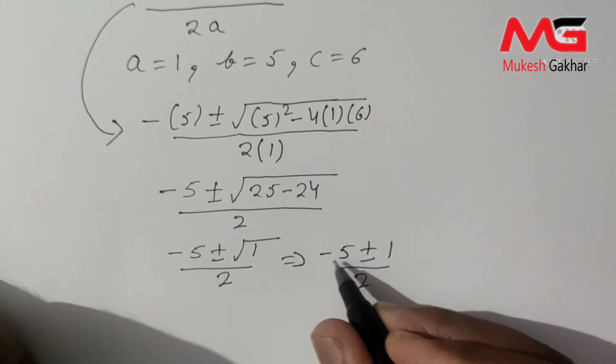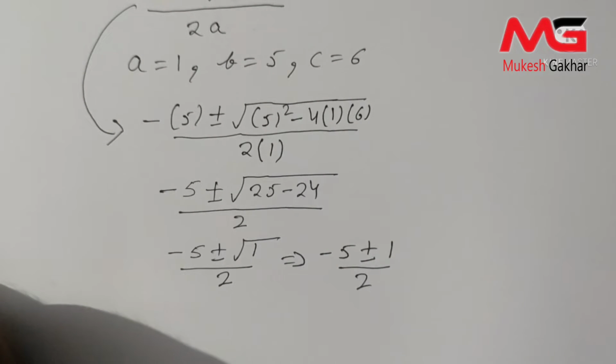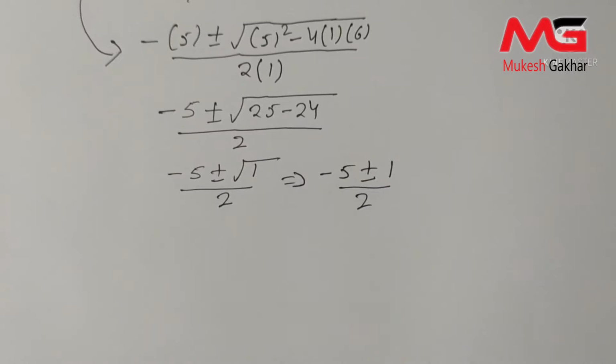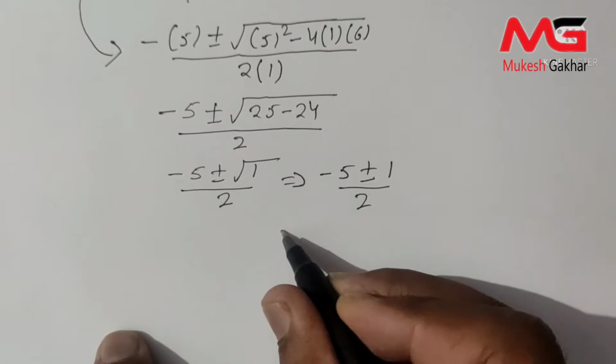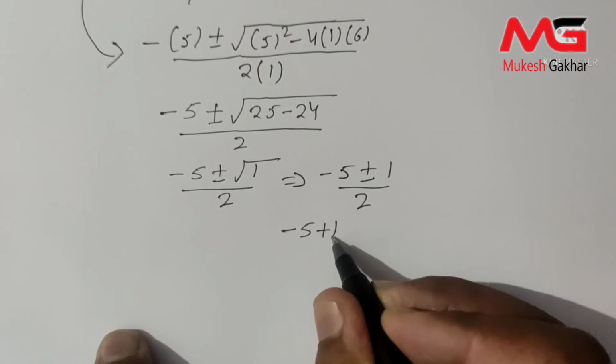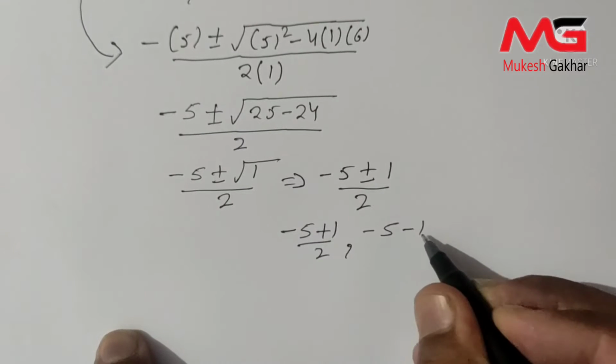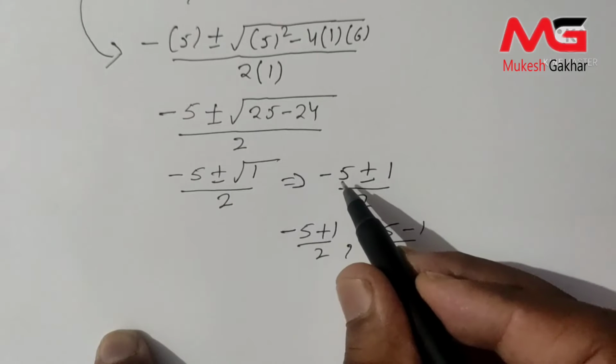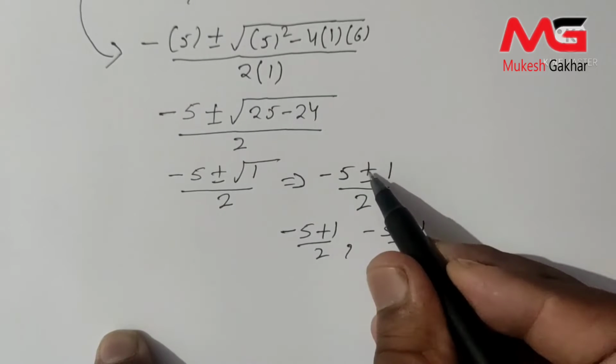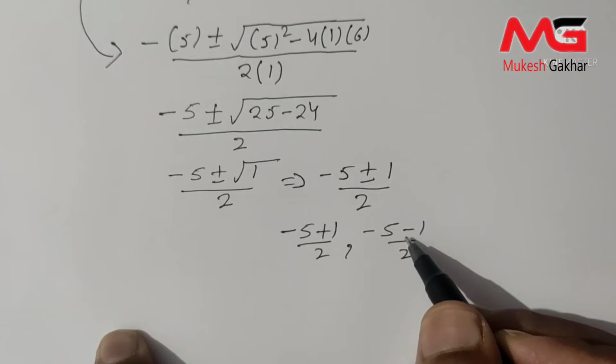So it will be minus 5 plus minus 1 upon 2, and after this it will be minus 5 plus 1 upon 2 and minus 5 minus 1 upon 2, because one time you write plus and one time you write minus. Two answers will be there.